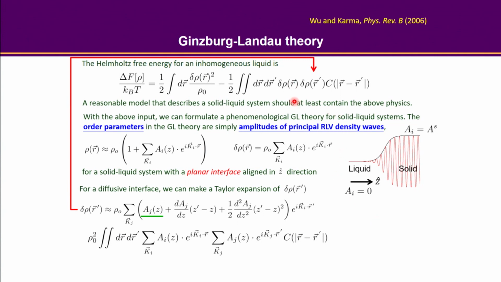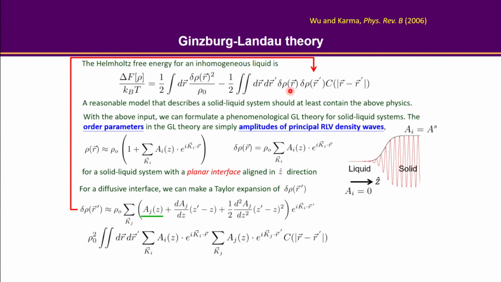I just plug in that first term, rho naught times a times exponential, back into this integral. So I have the structure of a double integral over dr and dr prime, and I'm picking up this rho naught squared because I have 2 delta rho product here. They all have this rho naught prefactor. So the amplitude is actually dimensionless. It really just represents how big or small the variation is, without any dimension.